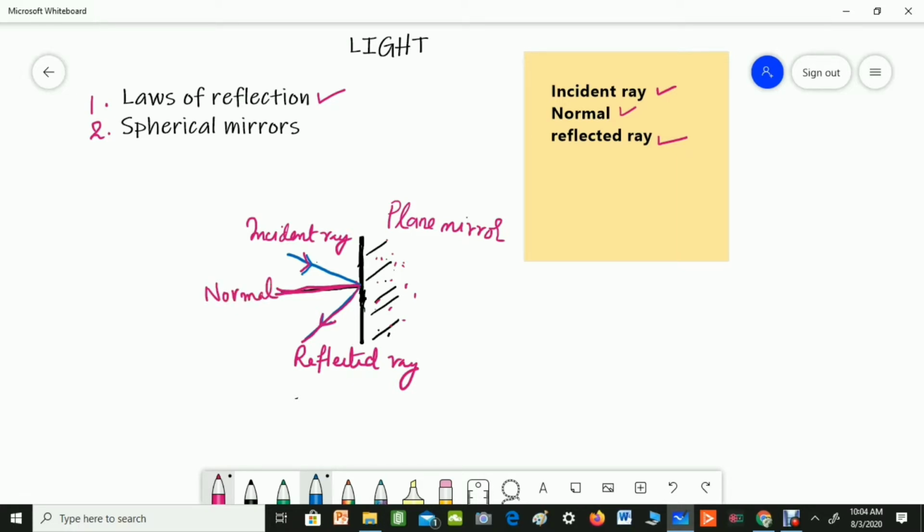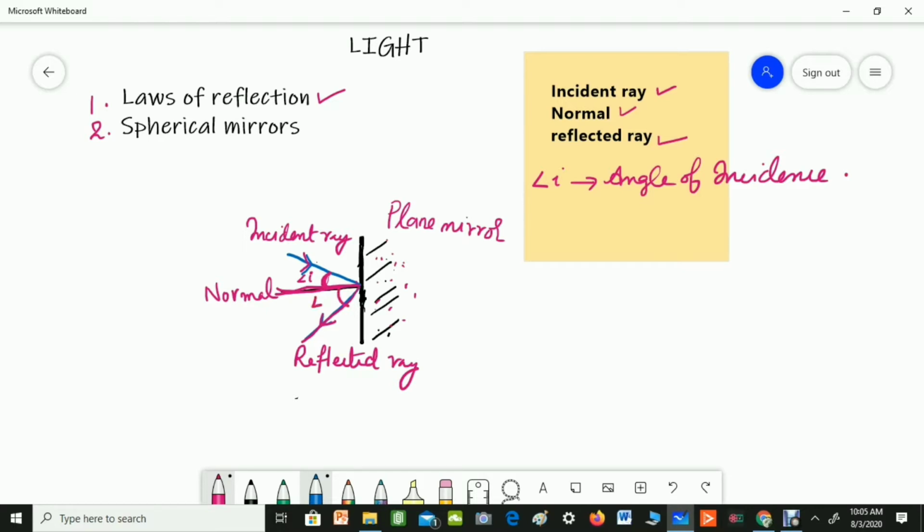Now when you look at this diagram, if you're trying to measure the angle of incidence, meaning the angle between the normal and the incident ray, this is angle of incidence, angle I. It will be equal to the angle of reflection.